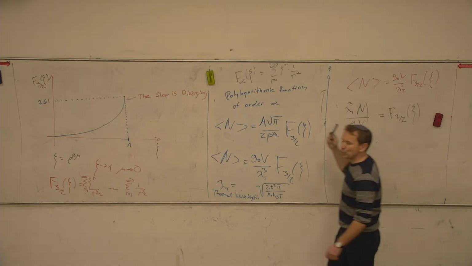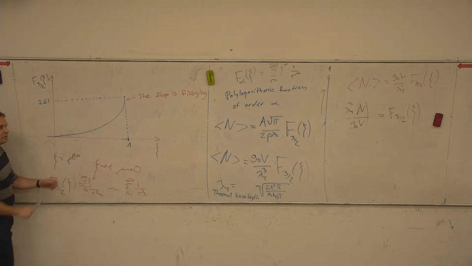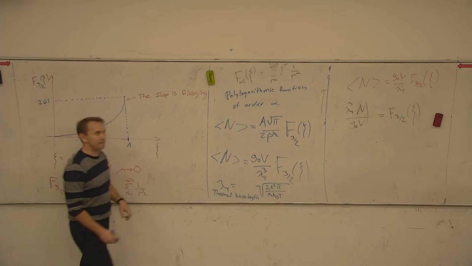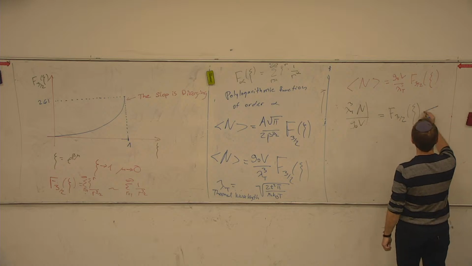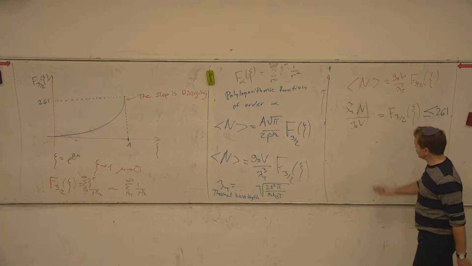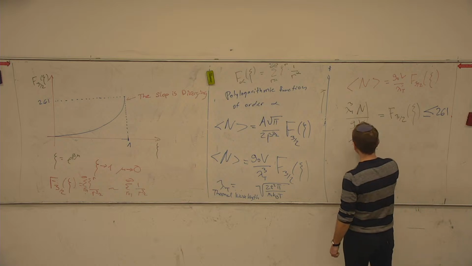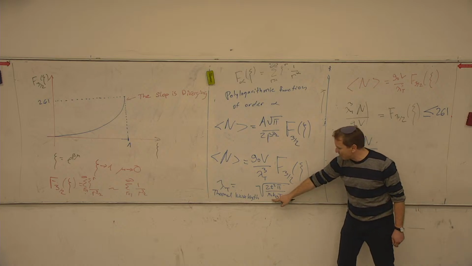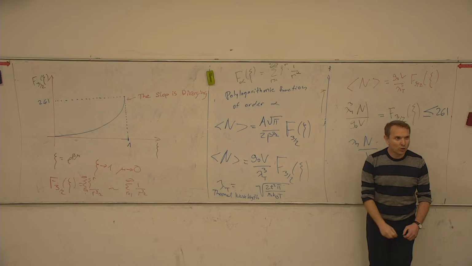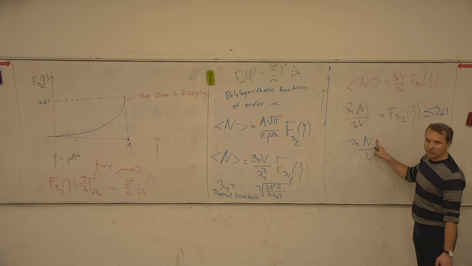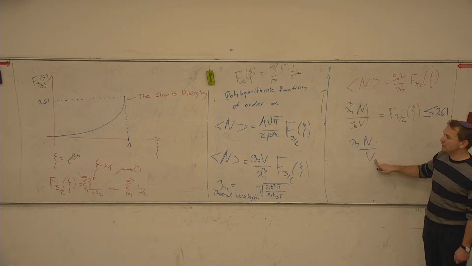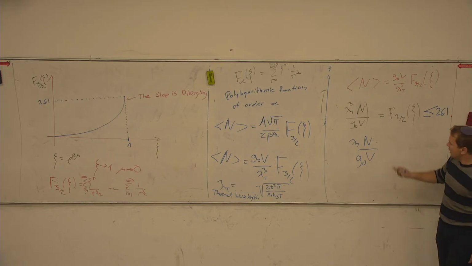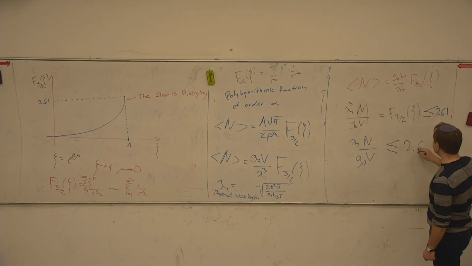The polylogarithmic function, as we see from this plot, is always smaller than 2.61. So we have N divided by V, and lambda_T, those are constants. Lambda_T depends on the mass of the particle, k Boltzmann, the temperature, 2 pi hbar squared: controllable constants. N is the number of particles that I put inside the box. V is the size of the box. g0 is the degeneracy, 1, 2, 3, some integer number. And all of this is smaller than 2.61.